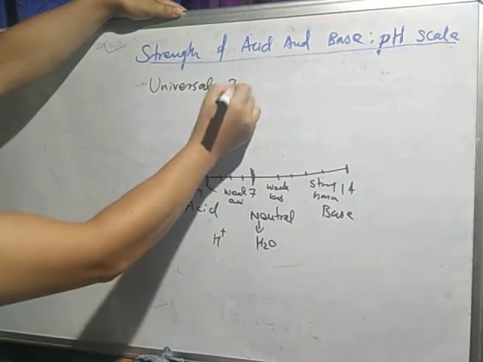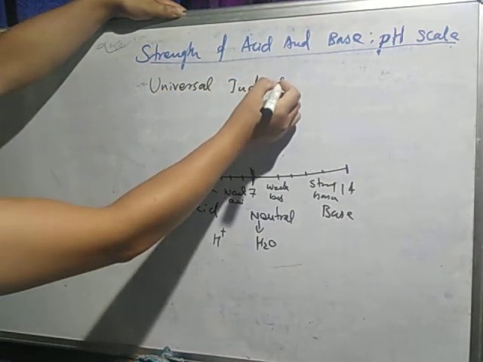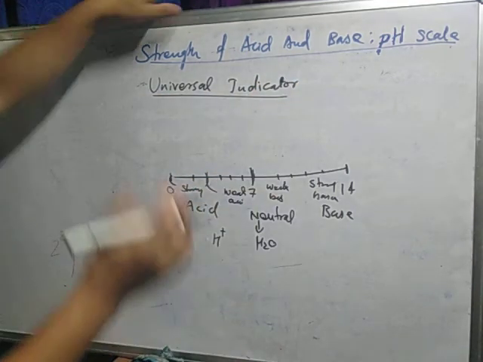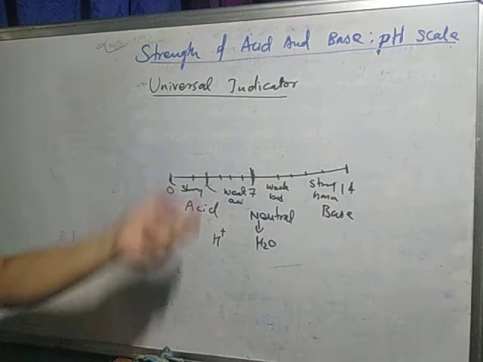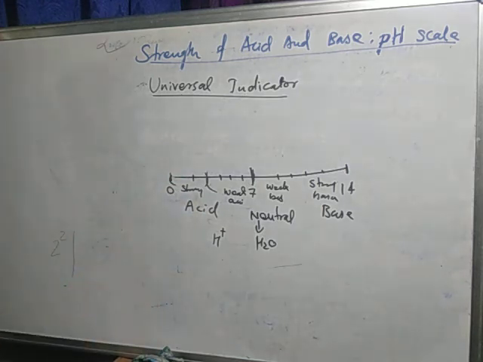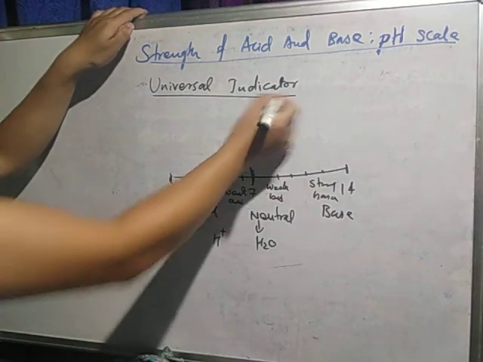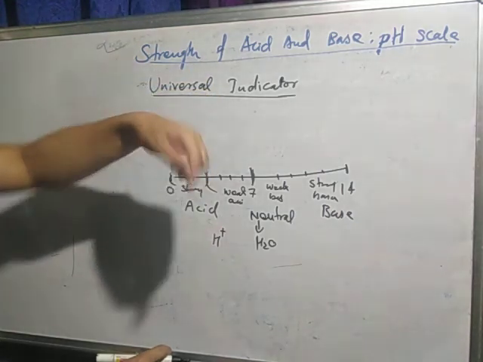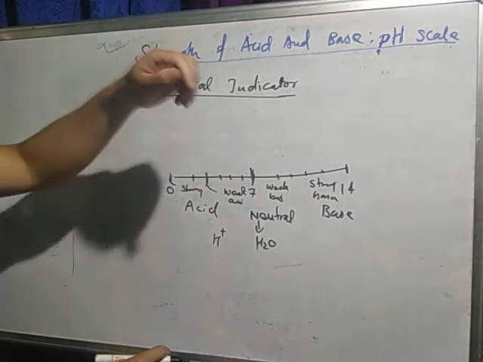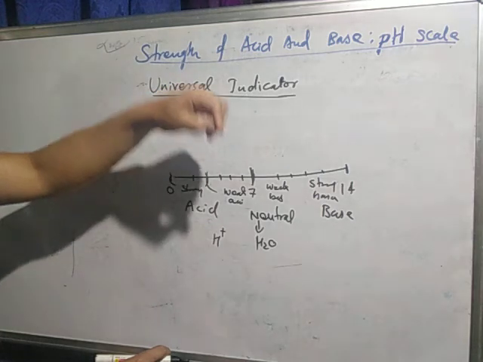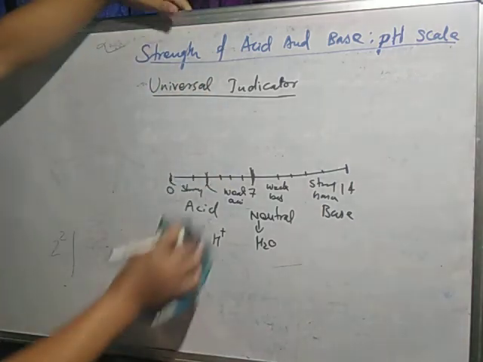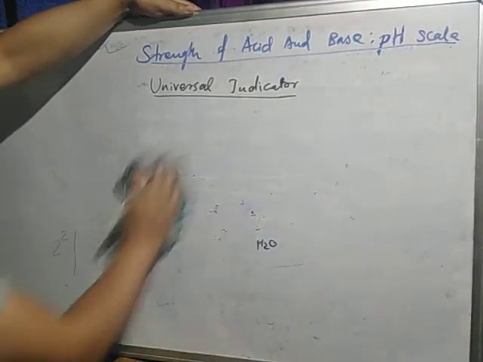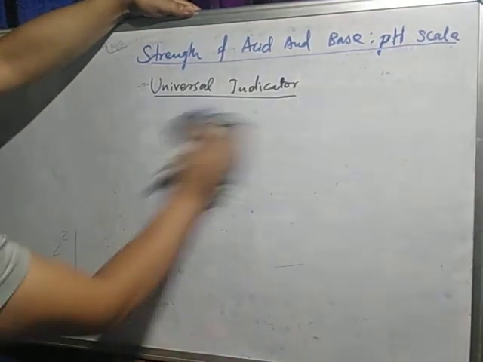Water is your neutral. Okay, so next one is your universal indicator. See what this is, it is round, and paper is there, colorful paper. You know that litmus is also an indicator, isn't it? Whenever you dip blue litmus in acid, you'll get acid, and whenever you dip red litmus in base, you'll get base, isn't it? But they won't tell you how strong is the base and how strong is the acid.